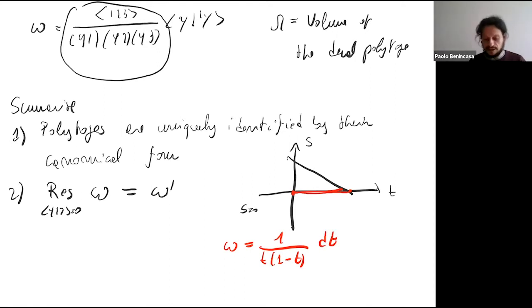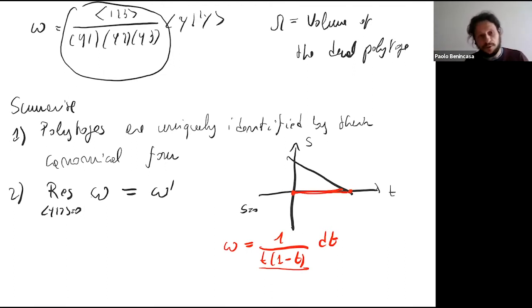In projective terms, this is exactly identifies for you this segment. T equals 0 is here and T equals 1 is here. So these denominators still identify the boundaries of the polytope, in this case of this segment.